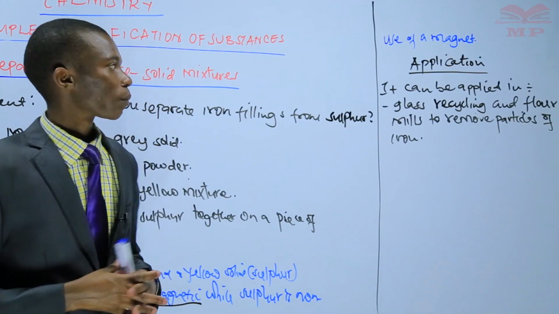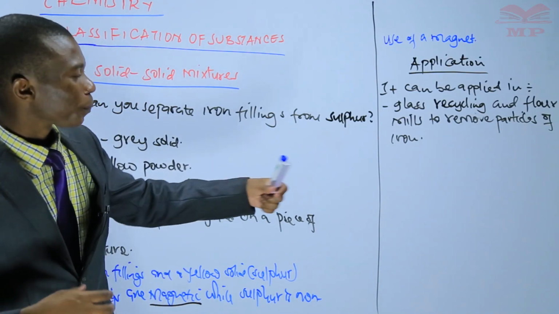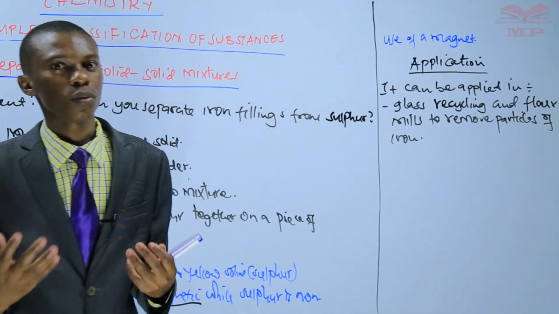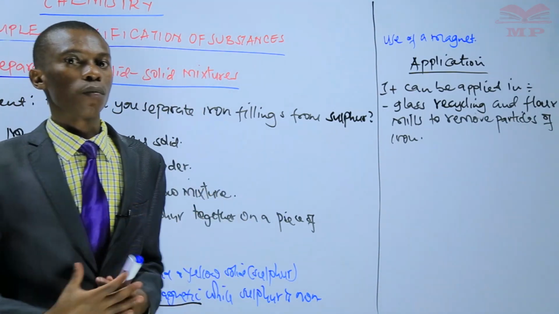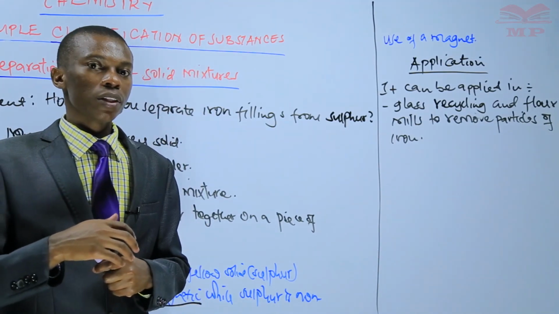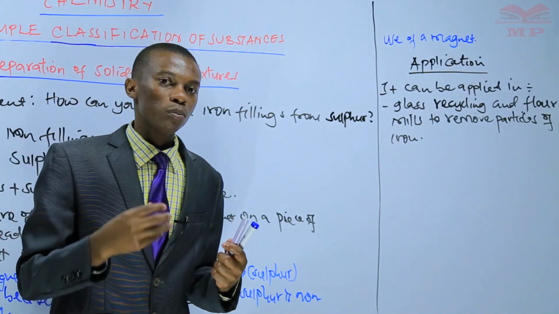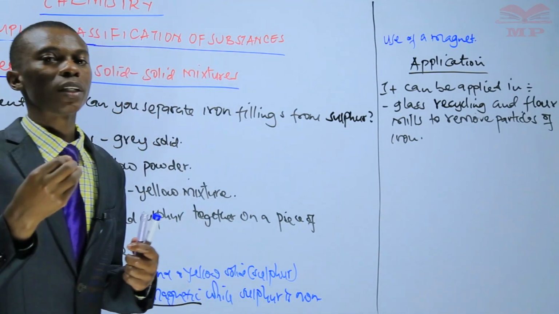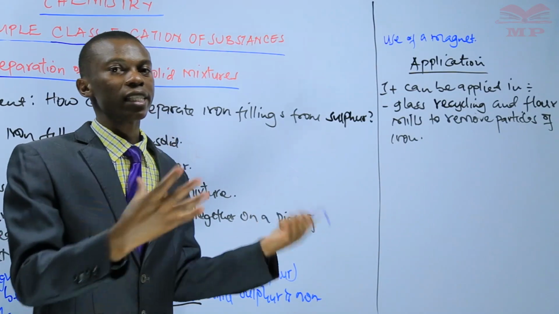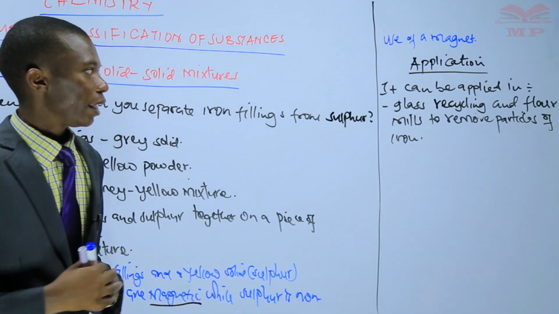Then in flour mills, which are industries or companies dealing with production of flour, a magnet is used to remove the iron particles from the flour, because those are just impurities which are not needed in the flour.